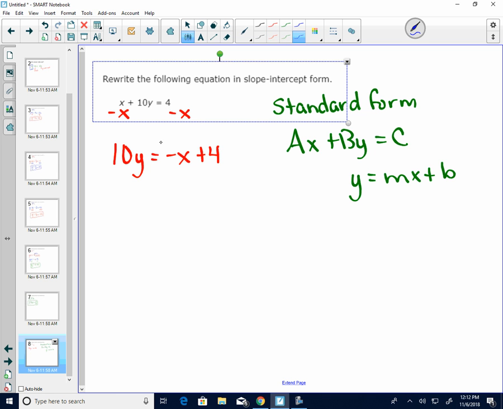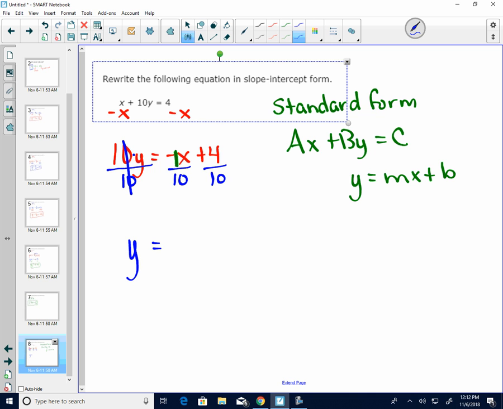So like the previous example, we've got to divide. This means 10 times y, so the inverse of multiplying is to divide. I'm going to divide everything by 10. So 10 over 10 leaves me with 1, so I'm left with 1y is equal to. The number in front of the x is a negative 1.